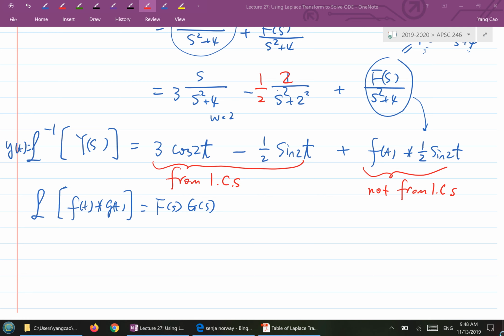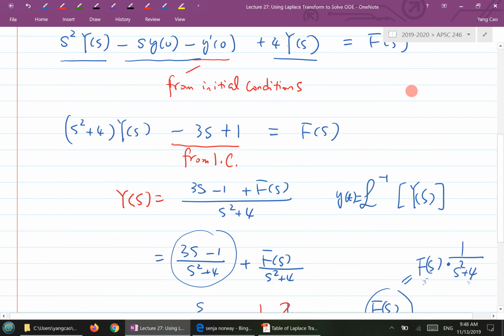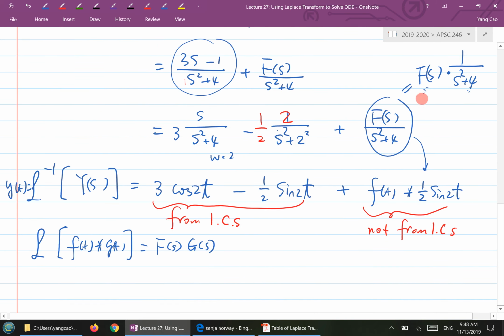Now imagine if your initial condition is 0, then these two terms are 0, so you will not have this part here. You will only have the contribution from the forcing input, from the external input to the system. That's the nature of a general solution of an ODE.